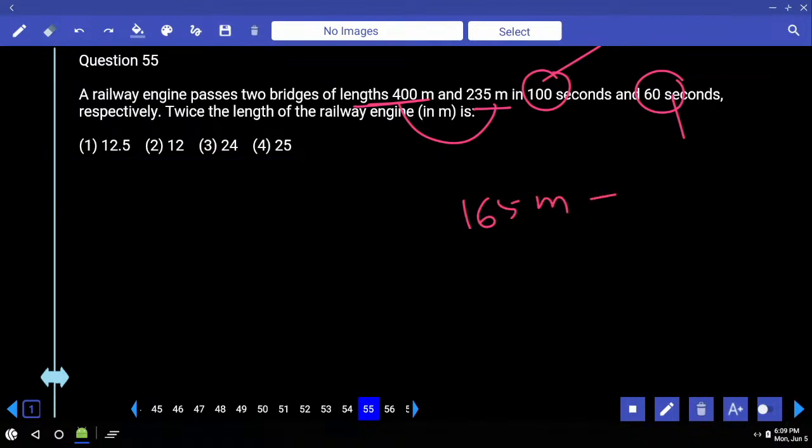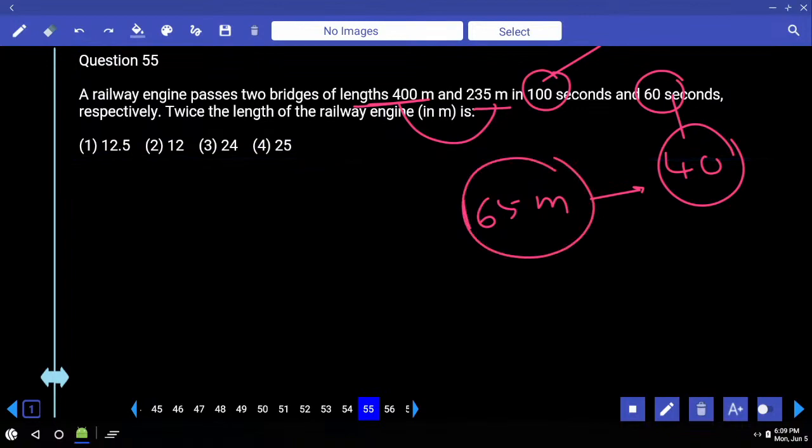So the train can cross this 165 meter in 40 seconds, isn't it? So for crossing 165 meters, it is taking 40 seconds. In 100 seconds, how much distance can it cross? 165 plus 165 is 330, plus 82.5, that means 412.5.